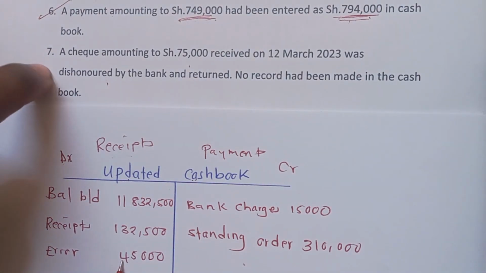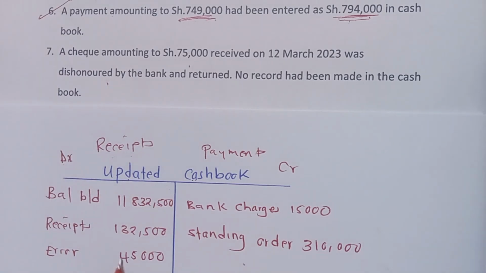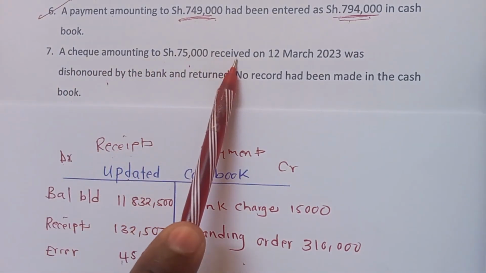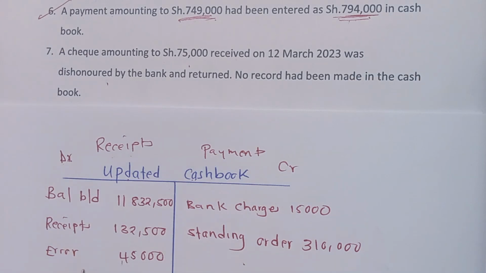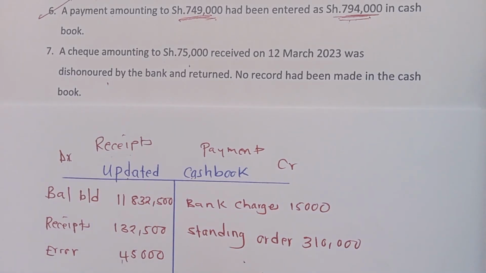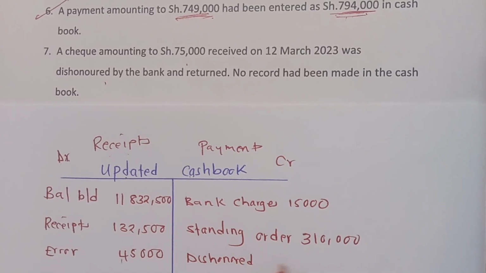Initially, because it was a check received, it was entered on the debit side. So for us to cancel that transaction, we do the opposite, or we record on the opposite side, meaning we cancel the transaction that was recorded on the debit side. So with that, the check amounts to 75,000.